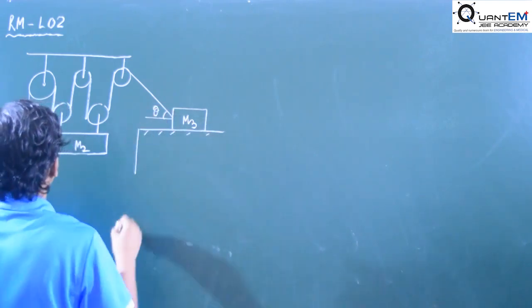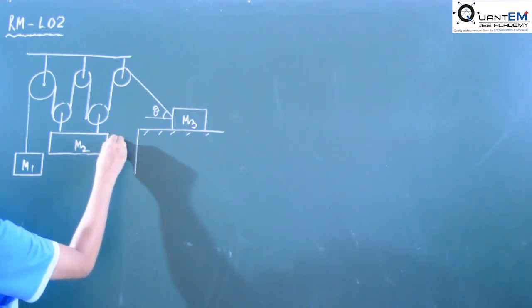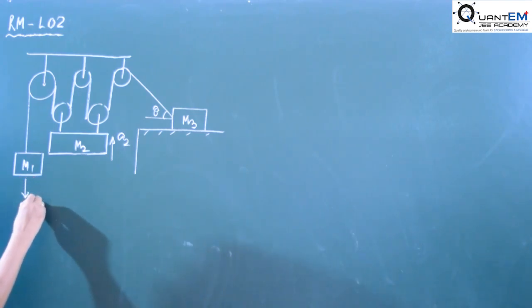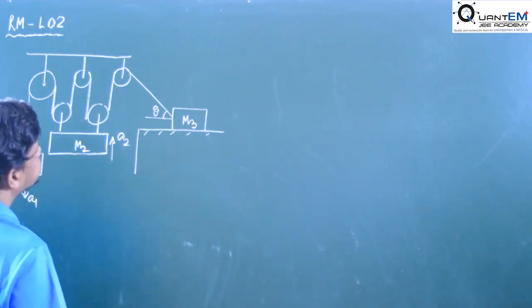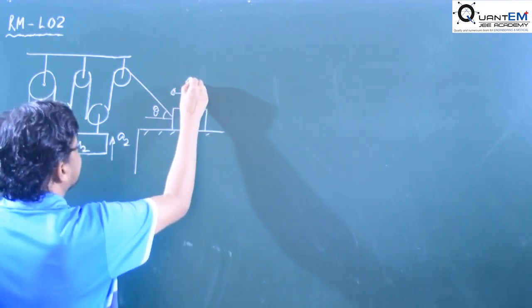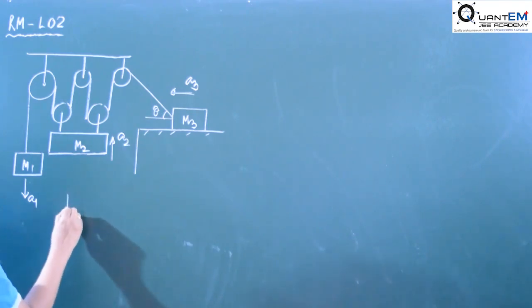This angle is theta. Now suppose this mass is moving up with acceleration a2, this one is coming down with acceleration a1, and this mass has acceleration a3.